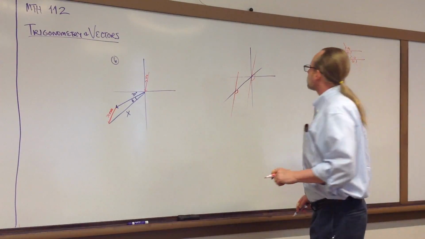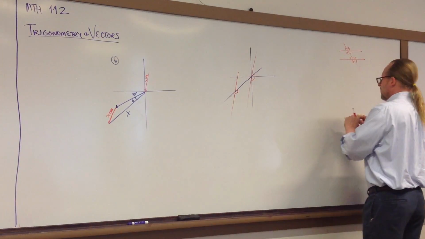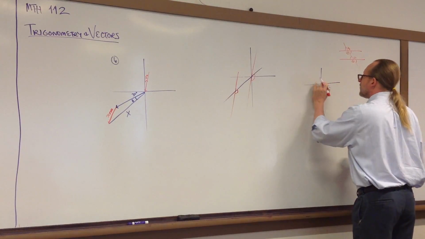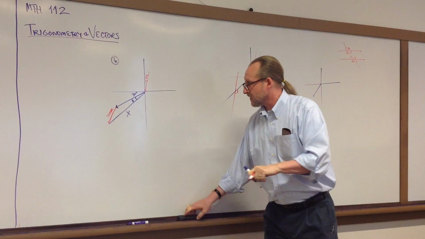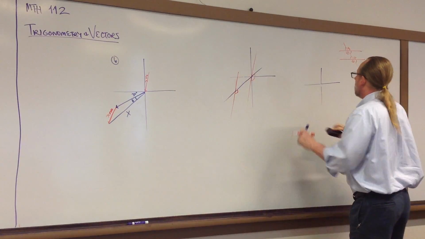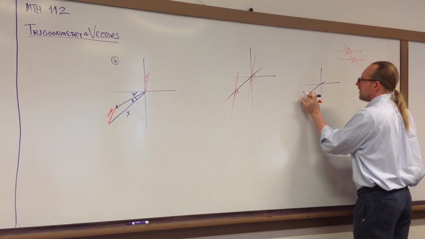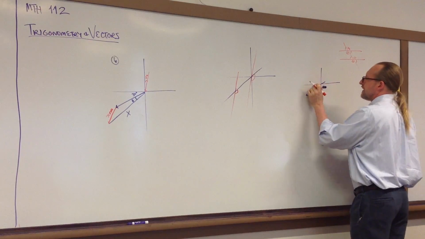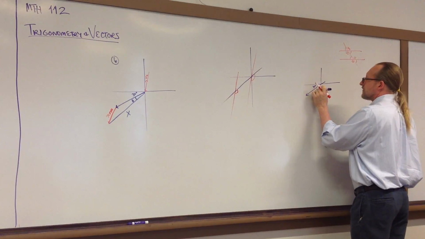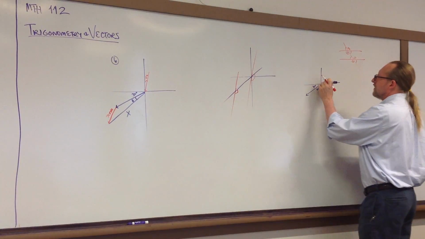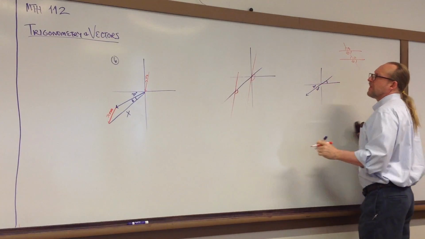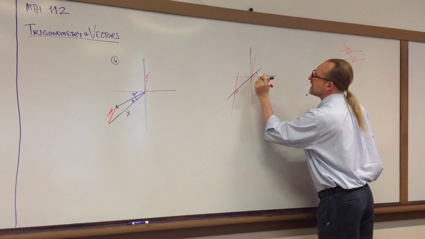So that purple vector right here represents the path of the helicopter that had a bearing of 240 degrees, right? And so we said this was 30, this was 60. What I'm interested in is this piece right here. Let me label these.